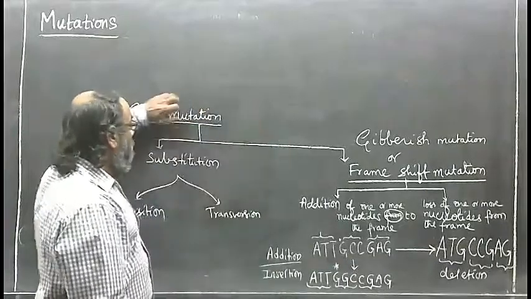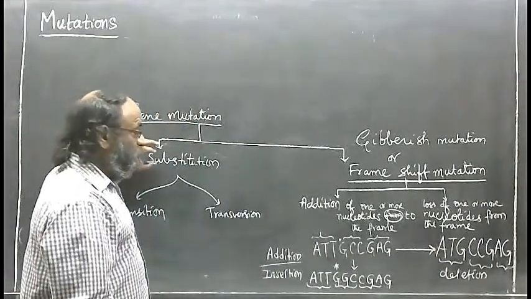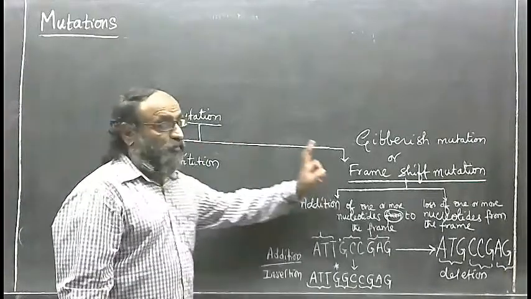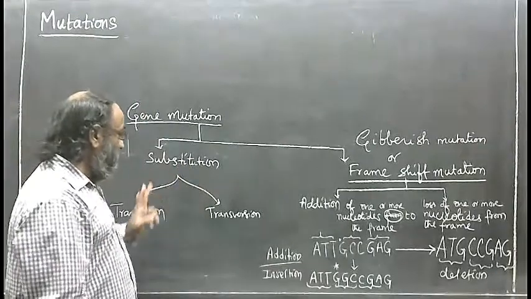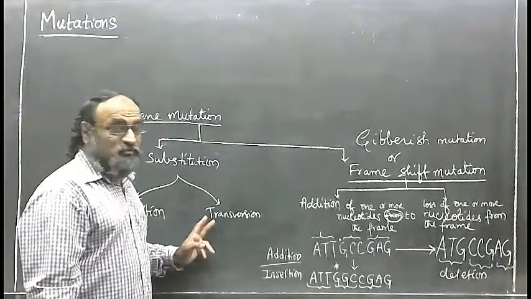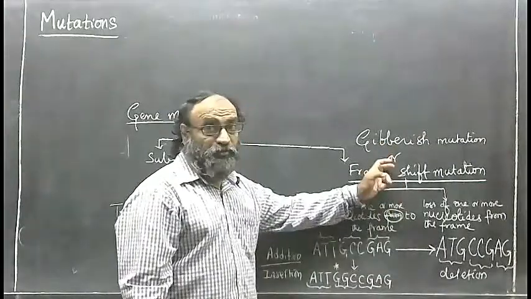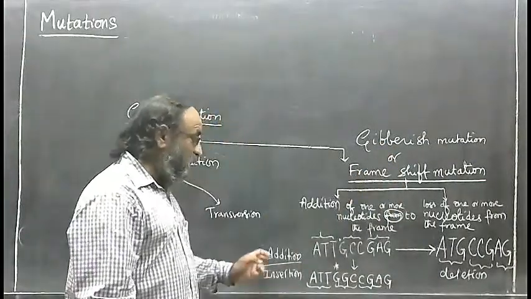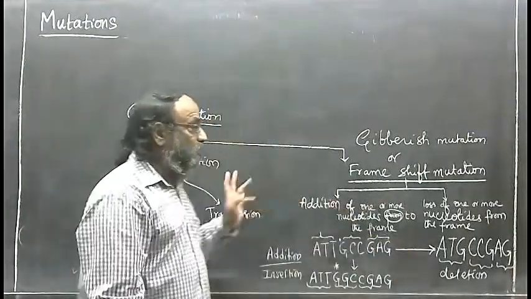So, the gene mutation is of two types. One is a substitution and the other is frame shift mutation. Substitution may be by transition or transversion, and frame shift mutation or gibberish mutation is by addition or by deletion.